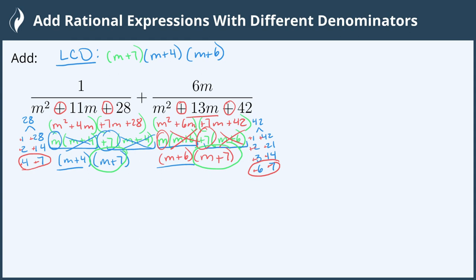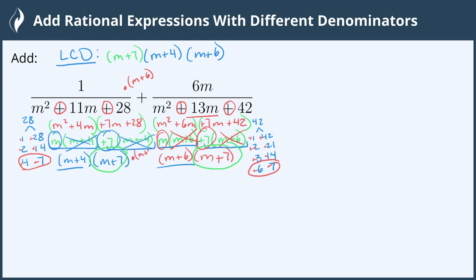Now we know the lowest common denominator, and each of the rational expressions is missing one of those factors. The first denominator is missing the factor of m plus 6 to match the lowest common denominator. So we need to multiply the numerator and the denominator by m plus 6.